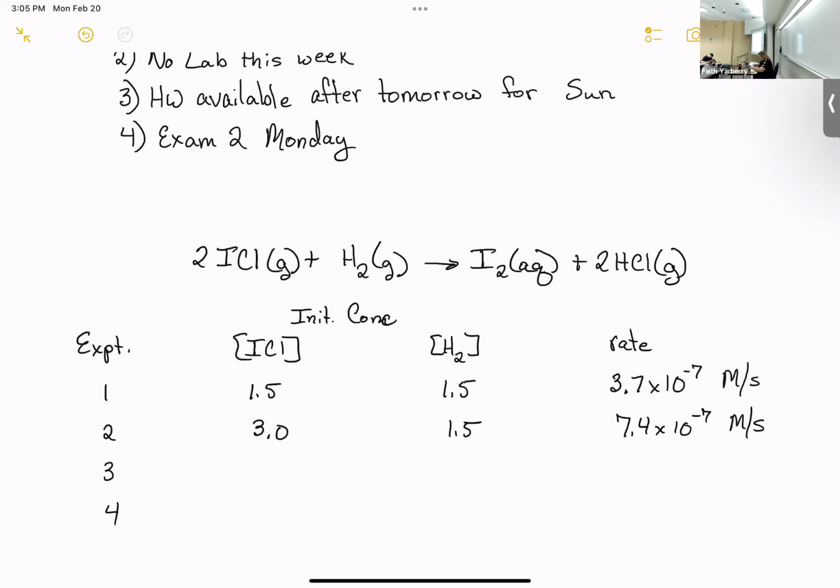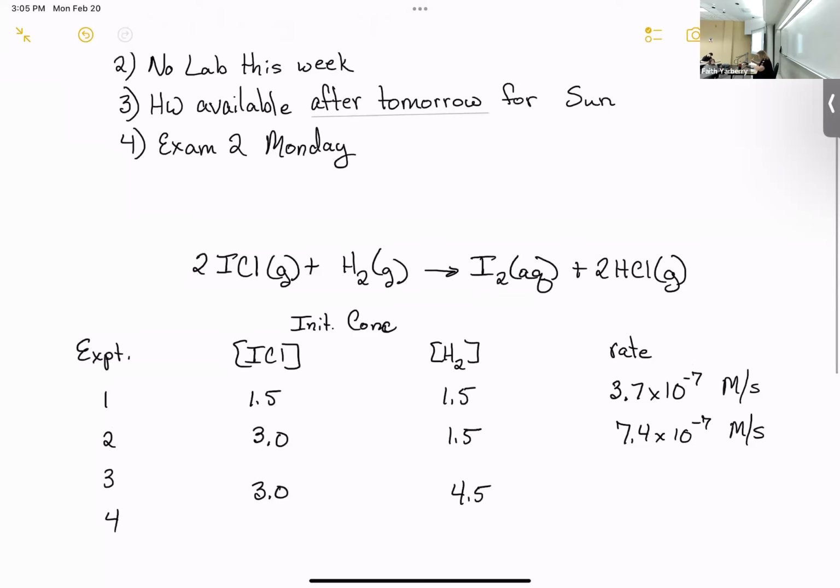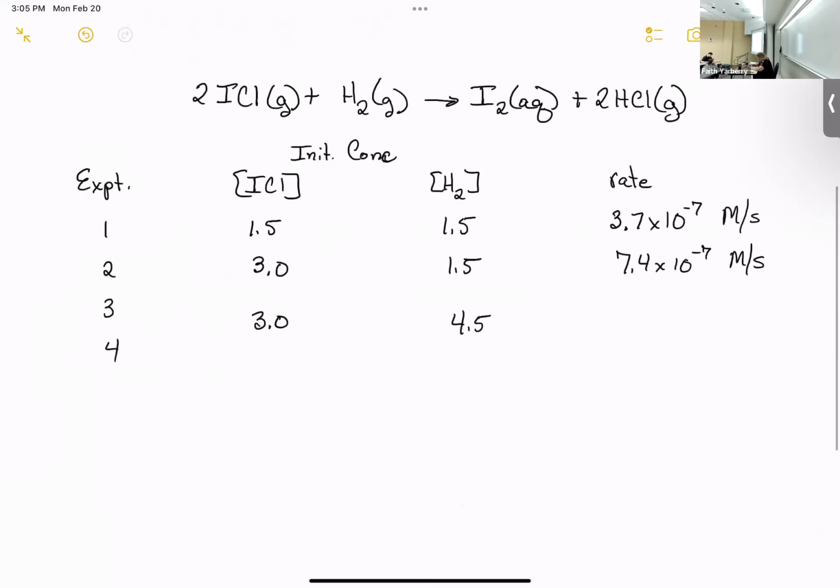Our third one had an ICl concentration of 3.0, 4.5 for our hydrogen, and a rate of 2.2 times 10 to the minus 6 molar per second. I'm sorry, there were only 3 experiments, instead of 4.